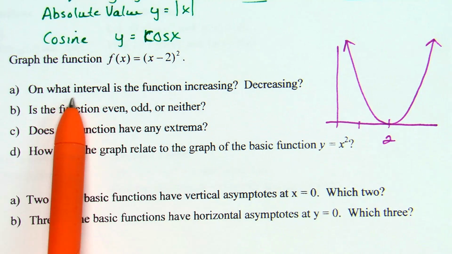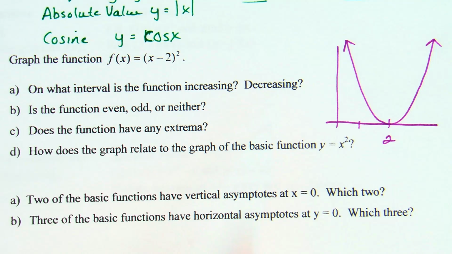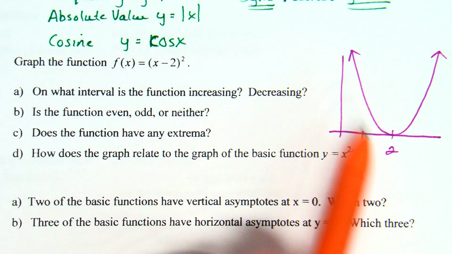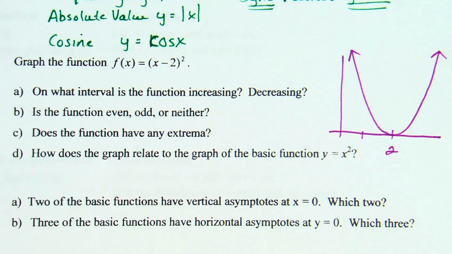On what interval is the function increasing and then decreasing? So back in lesson 1.2, we learned some stuff like this, didn't we? We learned what it meant to be increasing and decreasing. So when is this function increasing versus decreasing? Do you remember?